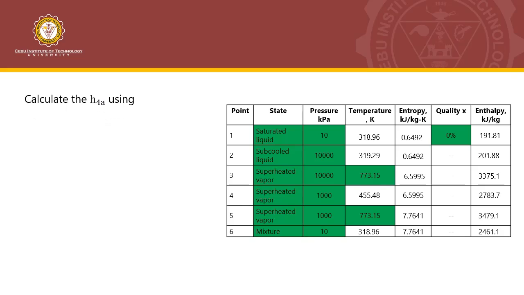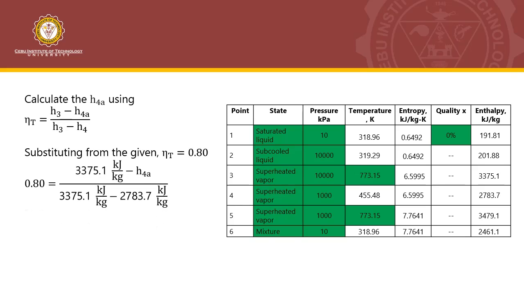In the same way, we will also solve H4A using H3 minus H4A divided by H3 minus H4, substituting the value of the isentropic efficiency of the turbine. This refers now to the high pressure turbine, by the way. Substituting the values from the table, we obtain the actual enthalpy at point 4, and that is 2901.98 kilojoules per kilogram.